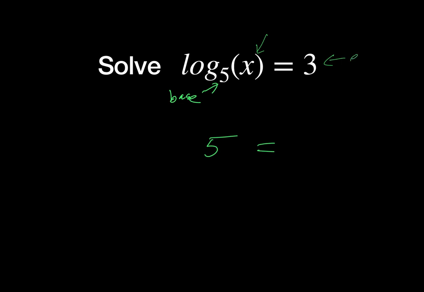The 3. What the equation equals in a logarithm is the exponent in exponential form. What's inside of the logarithm is what it equals. And then 5 cubed is 125.